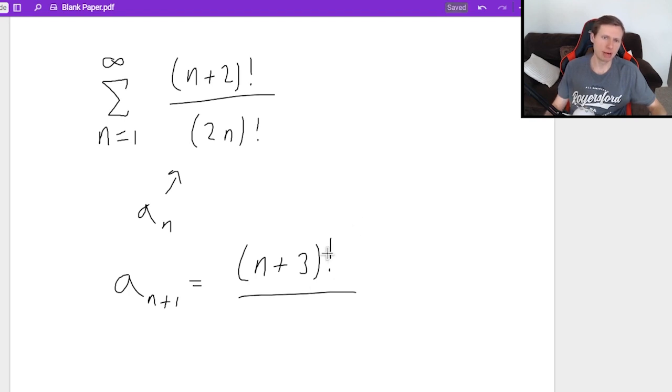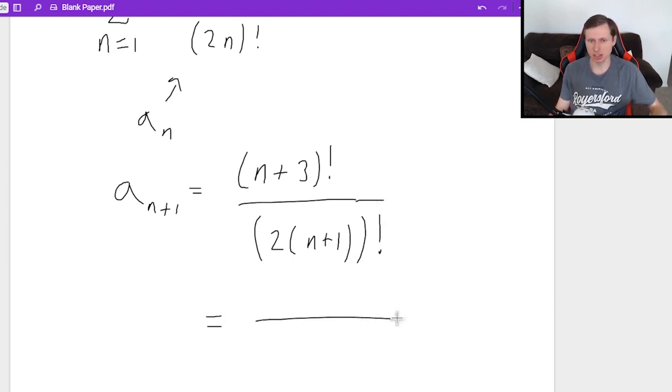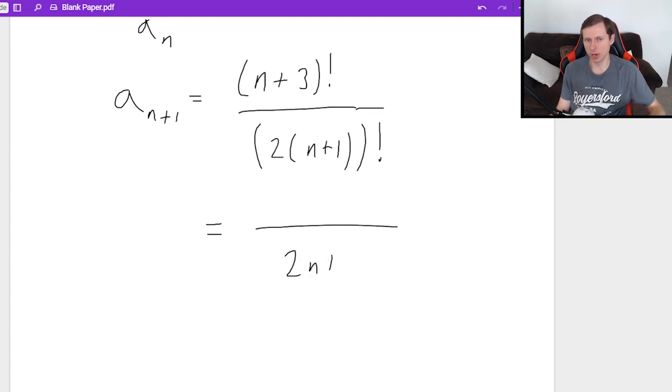And you do have to be careful for the denominator, because the 2n like this, it's actually going to be parenthesis 2, second parenthesis, n plus 1, close parenthesis, factorial. Now that looks complicated, but basically in the denominator you just have 2n plus 2 when you distribute, factorial, and the numerator stays the same.